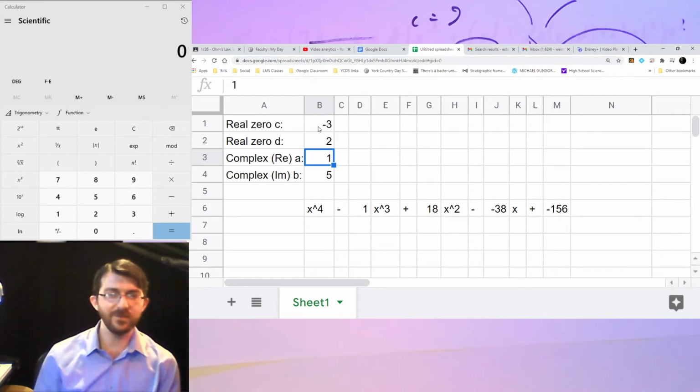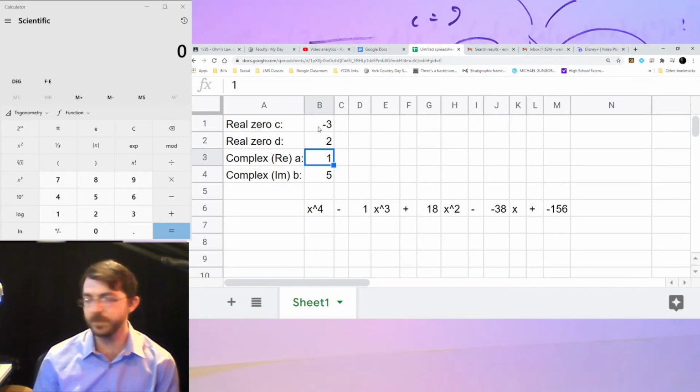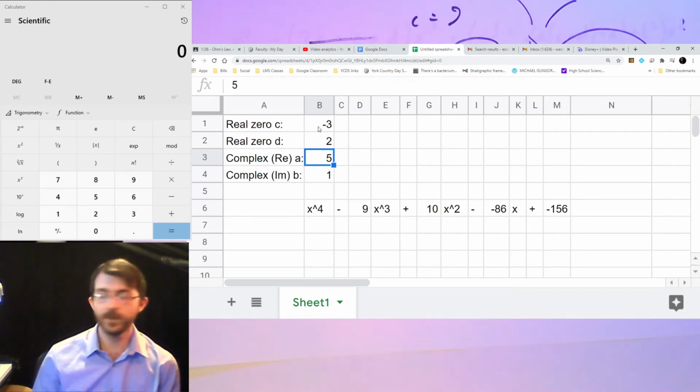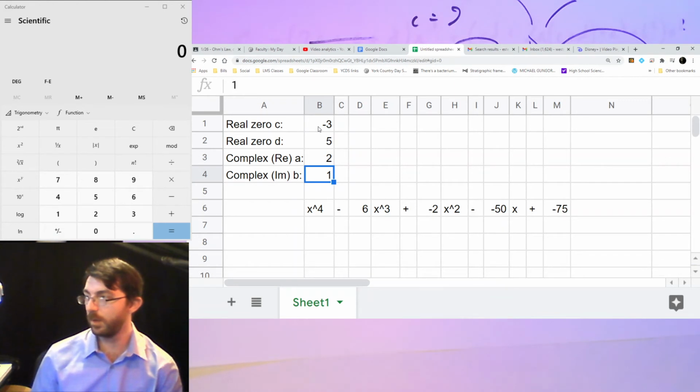Ew, okay, see, I don't want to give you that one because that's got 156 at the end. That's ugly. So let me make this 5 plus i and 5. Oh, same problem. All right. Maybe if I put a 5 here and a 2 there. Better.